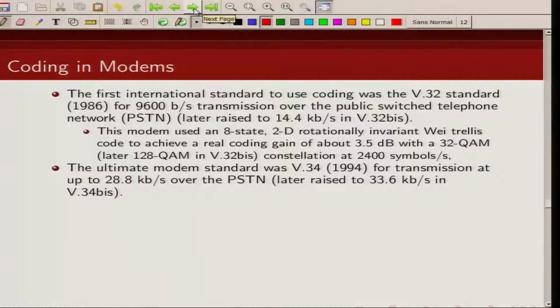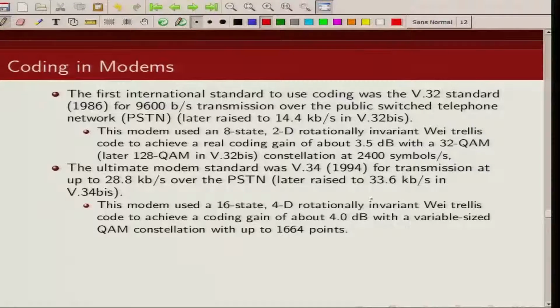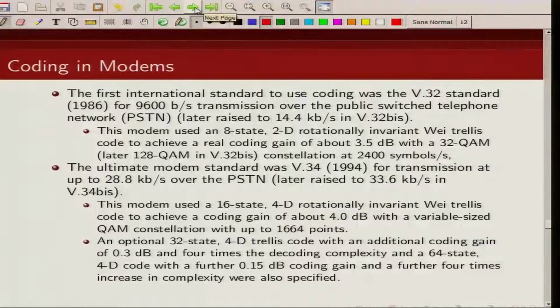Initially we had 9.6 kbps transmission that uses an 8 state code. Then for 33 kbps transmission, they use a 16 state 4 dimensional trellis coded modulation scheme, and there was an optional 32 state 4 dimensional trellis code which was also specified in this standard.